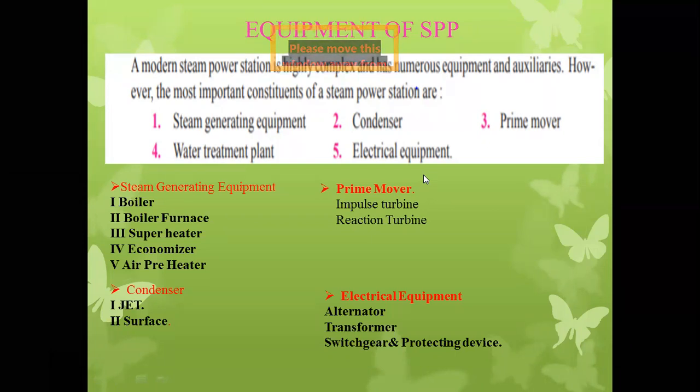So if we go through our previous slide, we have found that in case of impulse turbine, the water comes outside the turbine through a small hole, or we can say the nozzle. Means what?